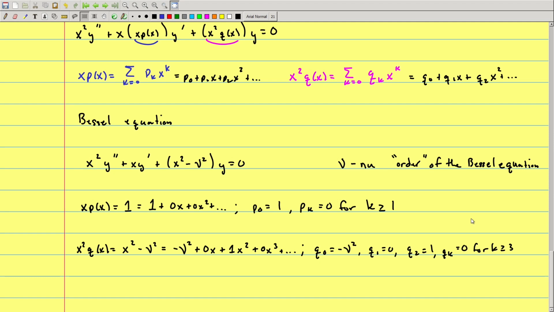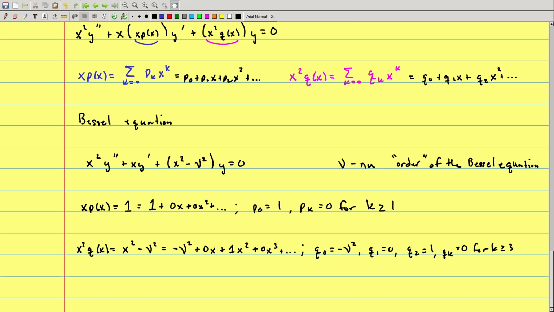Now, fortunately, in these cases, the polynomials that we have that define these coefficients are low order, which means that the higher order terms in the polynomials are all 0. So they vanish. All right? And because these terms vanish, we can much more easily figure out what the solutions to the equations are. Okay?